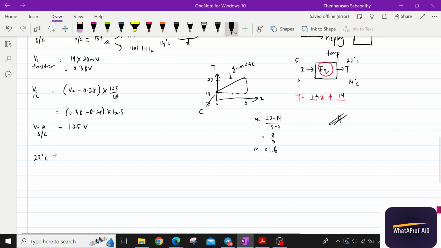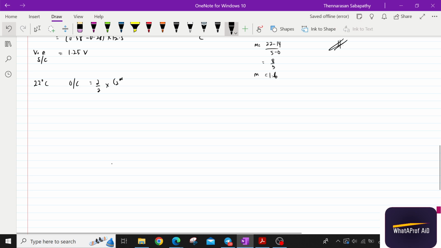But if you want to calculate, it will be 2 over 2 times 2 to the n minus 1. So you will have 255 in decimal, which means FF in hexa or 1111 1111 in binary.